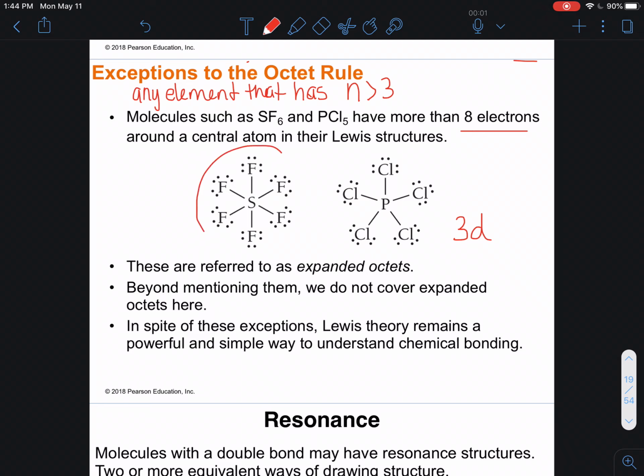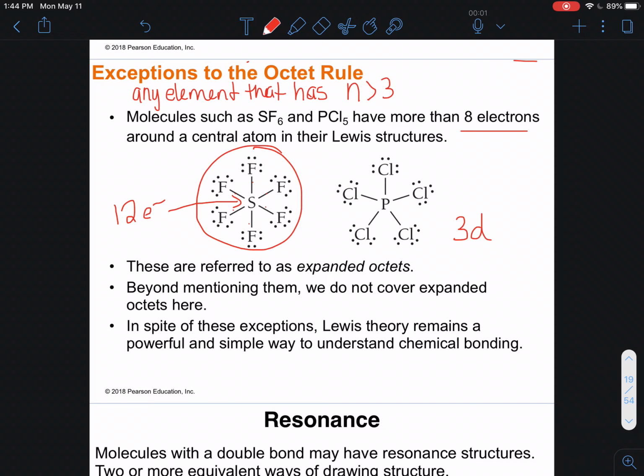So you'll see here, SF6, sulfur has 6 bonds associated with it. 2, 4, 6, 8, 10, 12 electrons for sulfur.